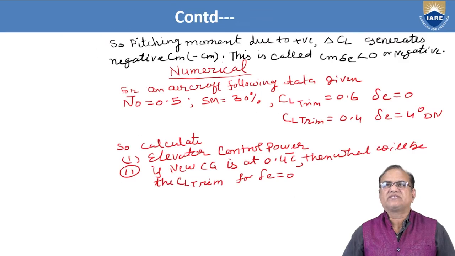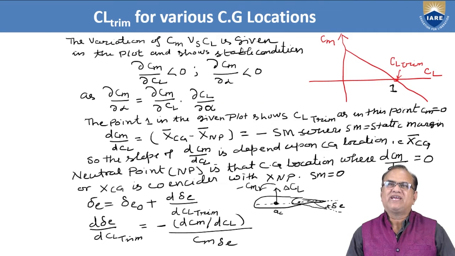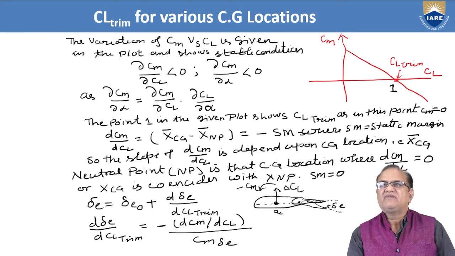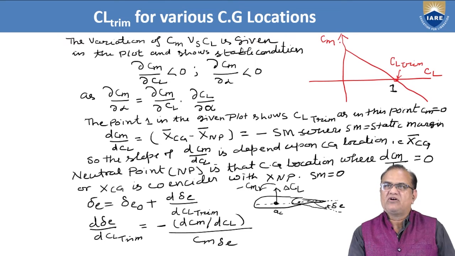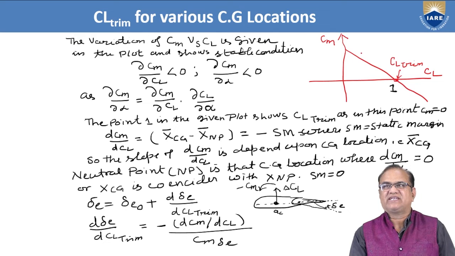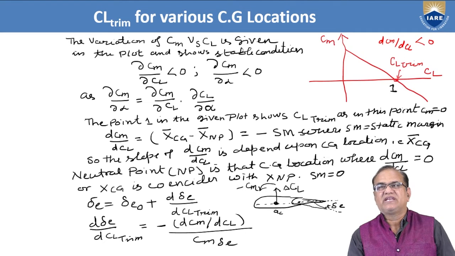CL of trim. Here we can see CL trim for various CG locations. Here we can see a plot of coefficient of moment versus coefficient of lift, and you see that this dCm by dCl should be less than 0, or it should be negative.